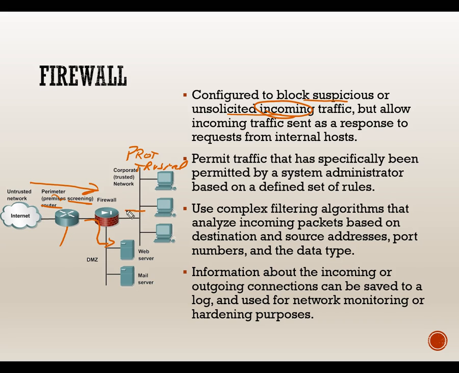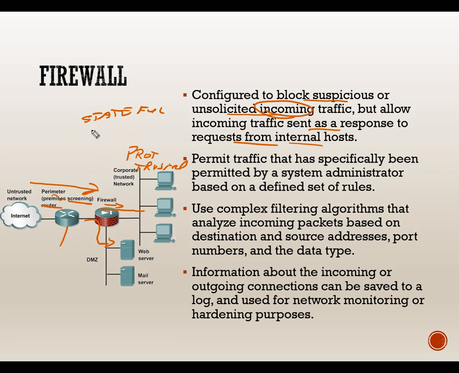Also, as traffic goes out, the requests go into what's called a state table, so that when the answer comes back in, it's allowed to come back through the firewall. Unsolicited is somebody else trying to get into our network to access resources inside of our network. Allow incoming traffic sent as a response to the request from internal hosts, and this is what the state table is called, a stateful firewall.